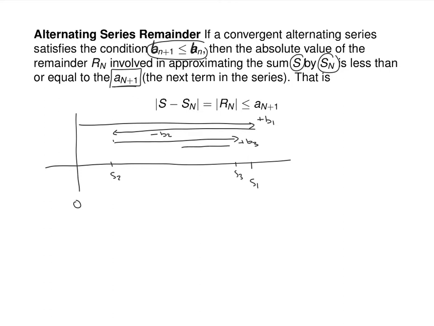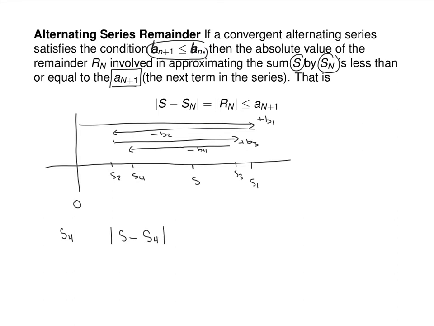And then we took away B4, and that was our fourth partial sum. And somewhere in the middle lived that S. So suppose our approximation was S4, and we want to figure out what distance we are off by. As in, what is the absolute value of S minus S4?